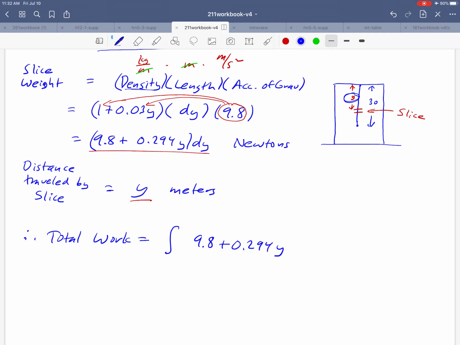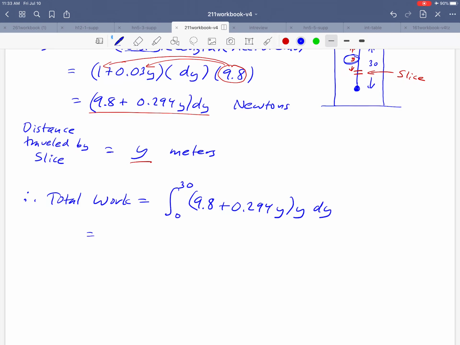So we've got our y and dy. And lastly, what would the limits of integration be? As you move from the top of the rope to the bottom, what is the range of distances that those slices might have to move? The very top slice just has to move 0, and the very bottom slice of the rope has to move the entire 30 meters. So we should be getting 0 to 30 for our limits.